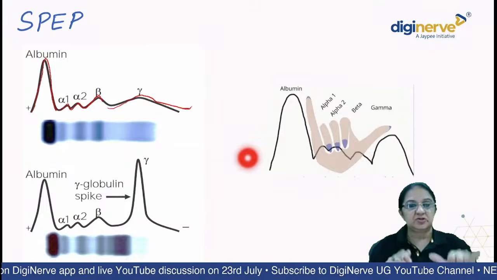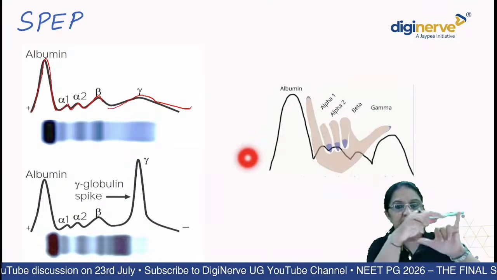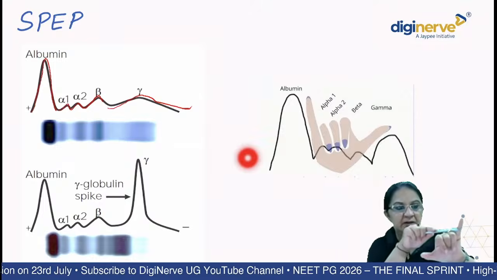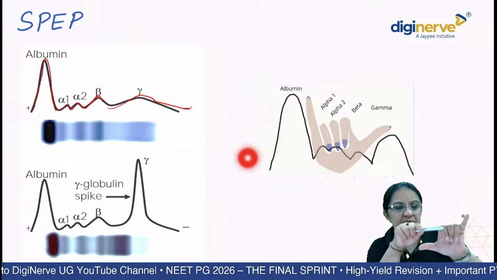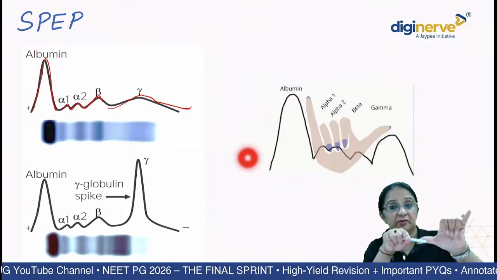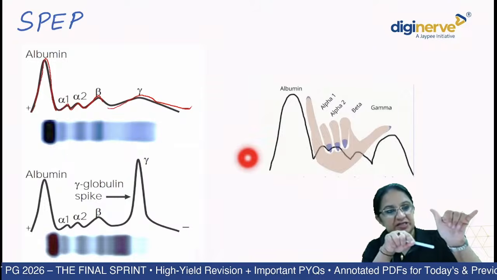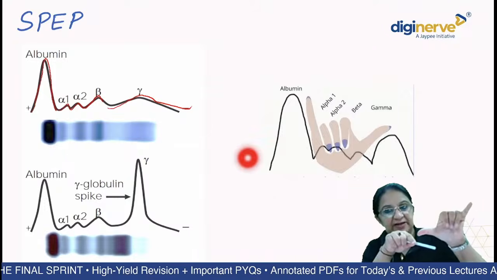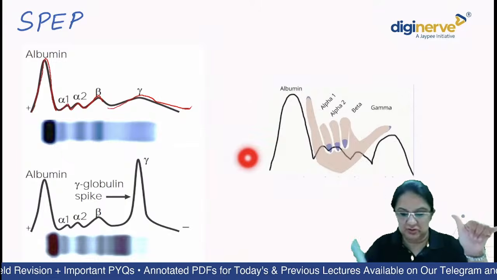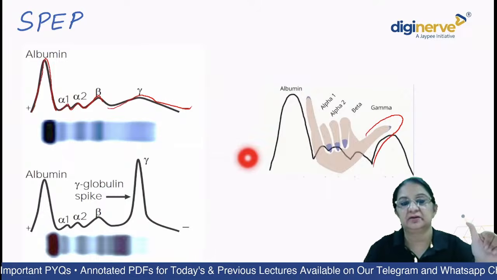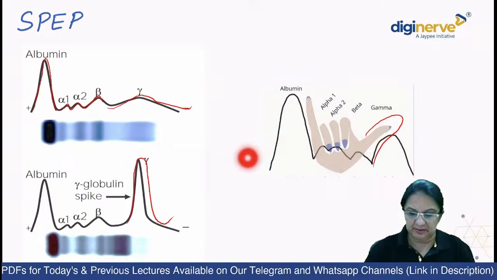Okay, so if you see this, this is your albumin peak, a small alpha 1, alpha 2, beta, and there is flattening of the gamma. What happens in multiple myeloma? This gamma gets elevated. So you will have a gamma peak here, right?